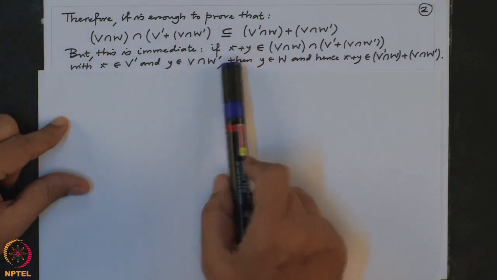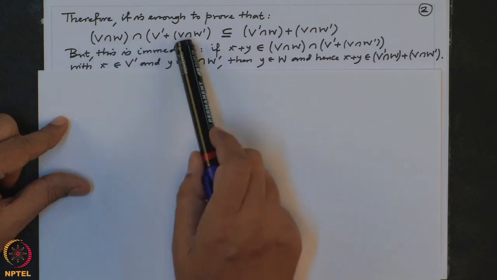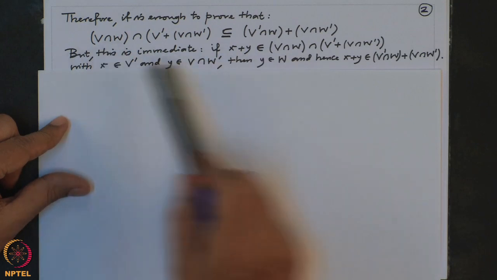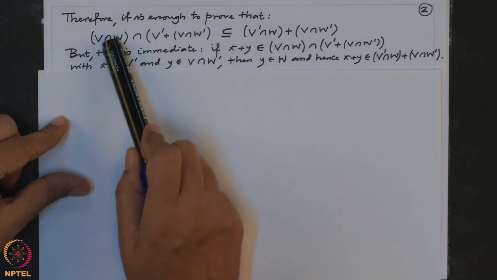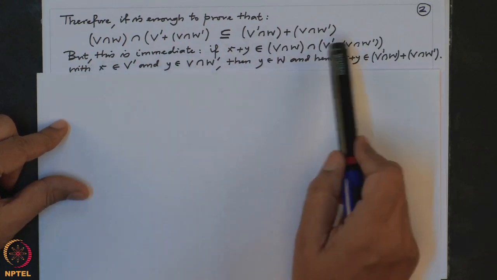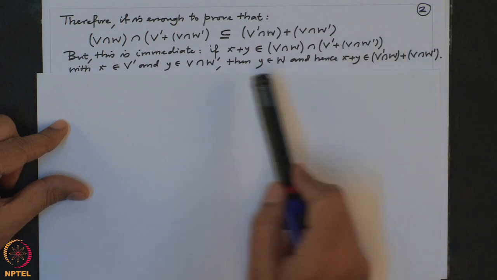So, if we take an element in the left hand side, that is of the form x plus y, where x plus y is in this as well as in this, where x is in V prime and y is in V intersection W prime.